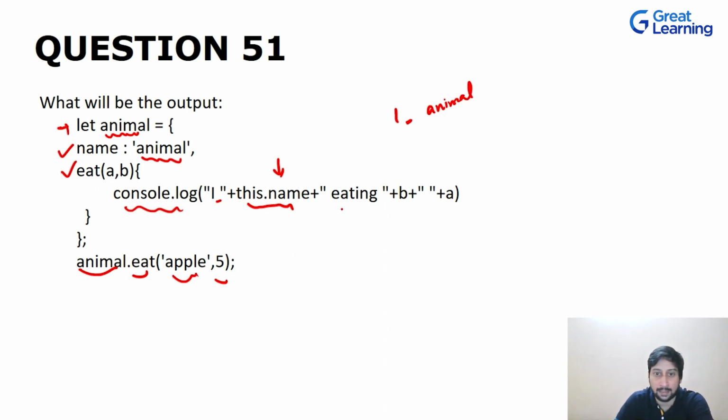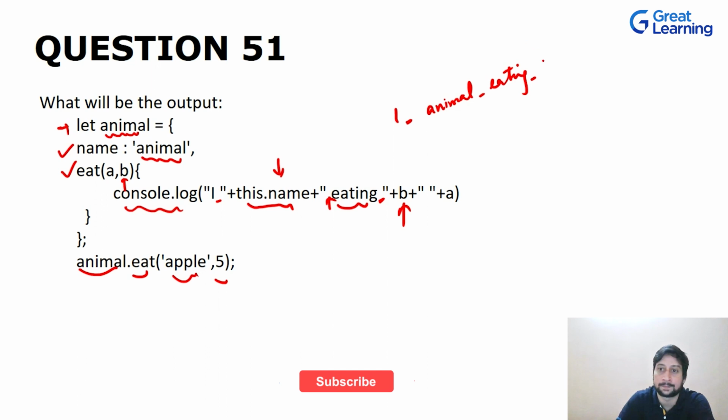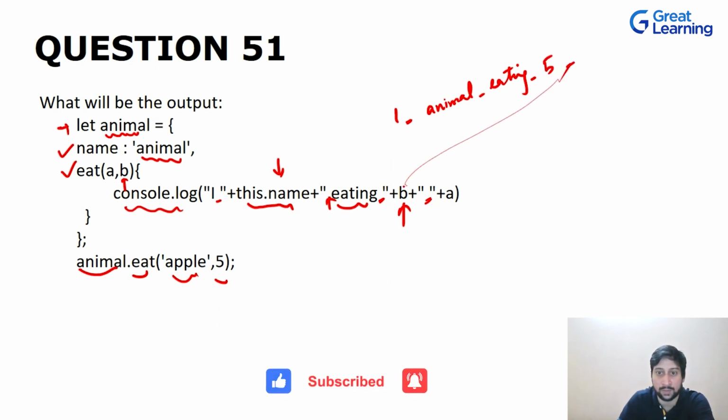Then there will be "eating", with a space over here, and again a space. And then b, which is nothing but the argument that you have passed already. So b is 5, and then again a space over here, as you can see, and then we are trying to access a, which is apple.